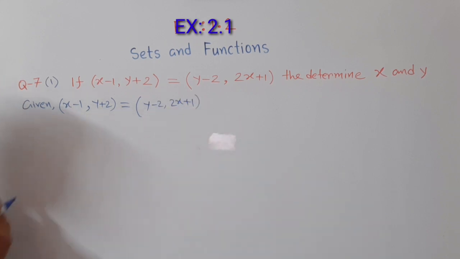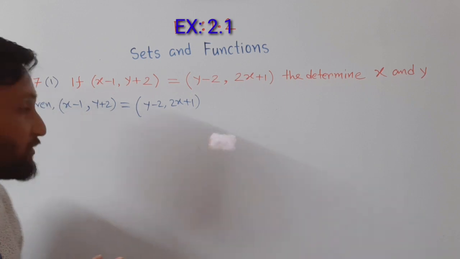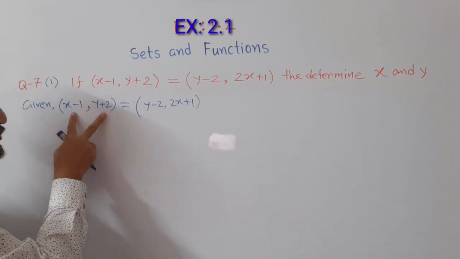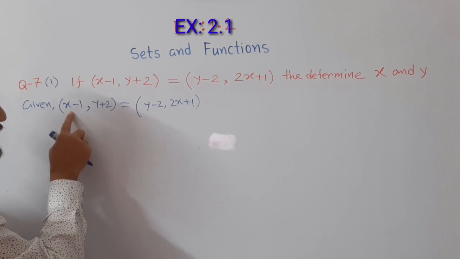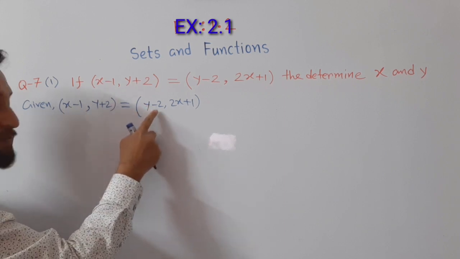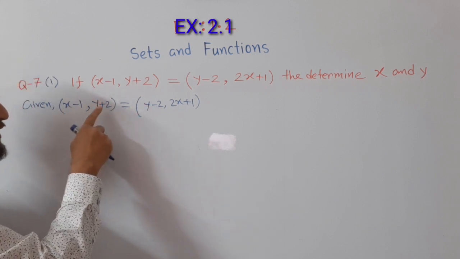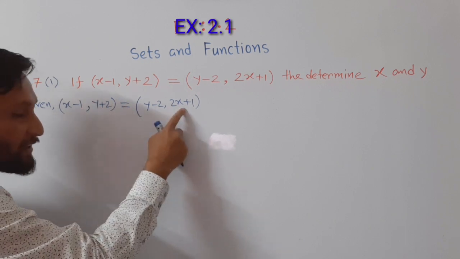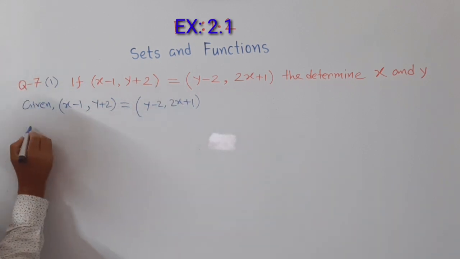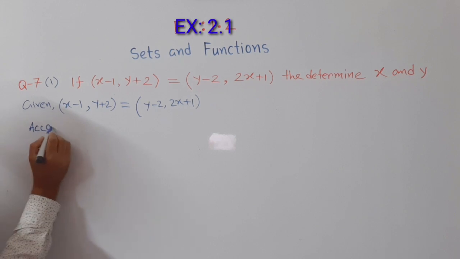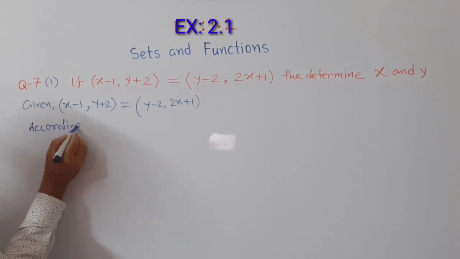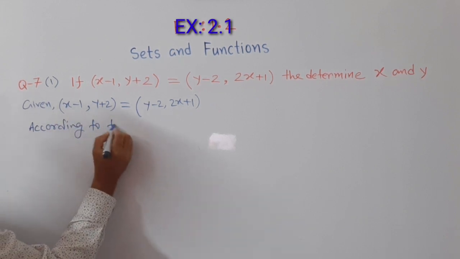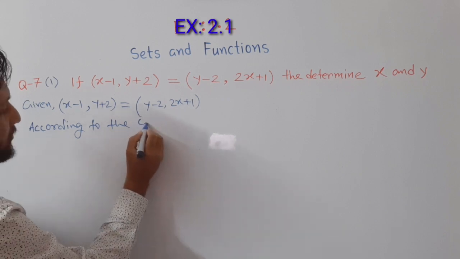According to the condition of equality, in these two ordered pairs, the first element of the first pair and the first element of the second pair are equal, and the second elements are also equal.